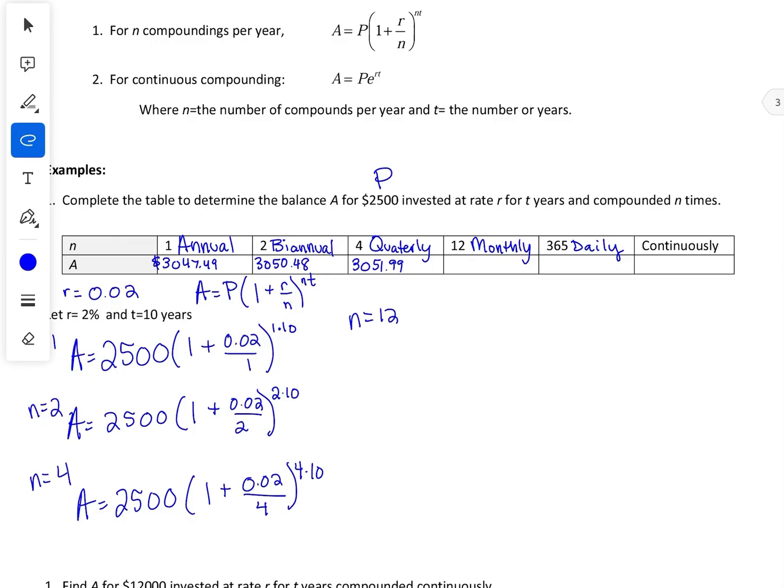Okay, so hopefully you've already done it. So check it with mine. It's $3,053 when we have to round. Okay, now do daily.